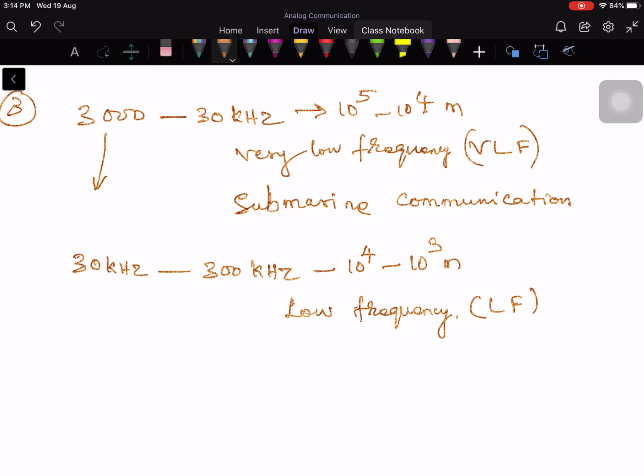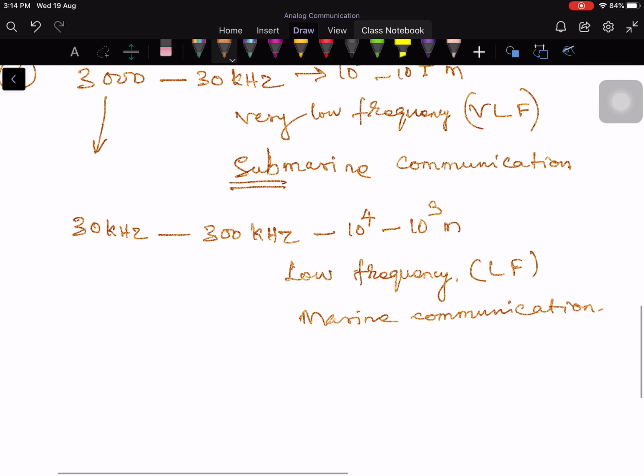This is the nomenclature that we generally follow. It is used in marine communication. This one is submarine and this one is marine communication.